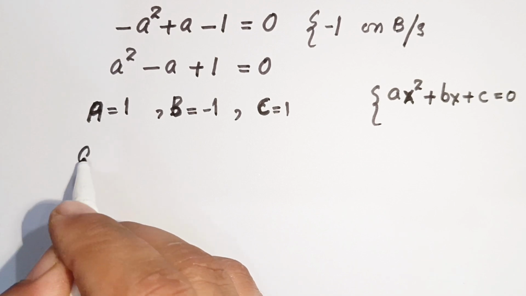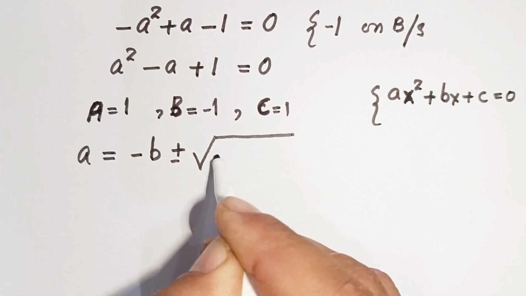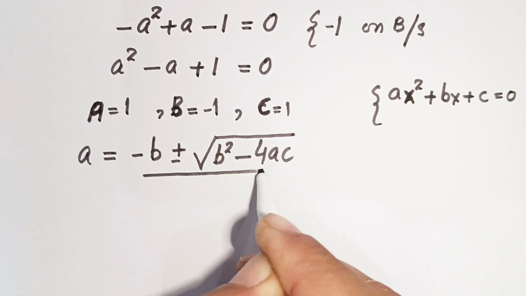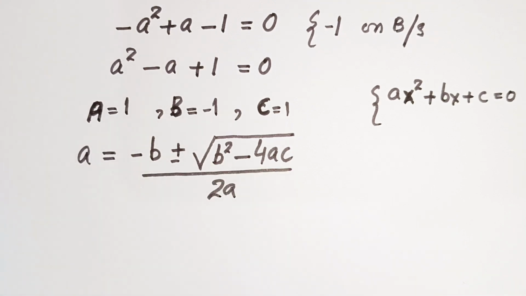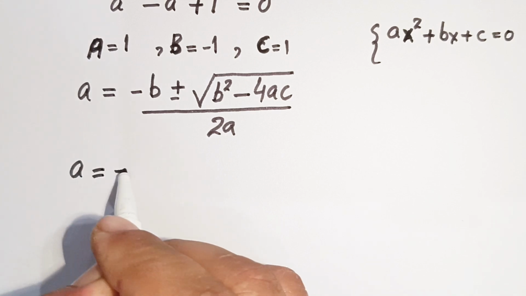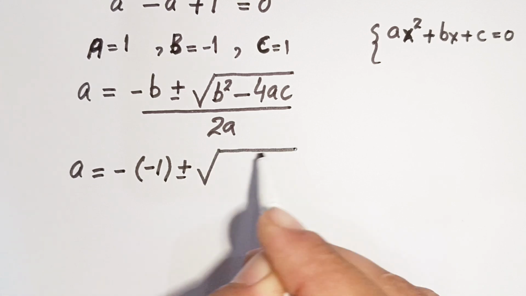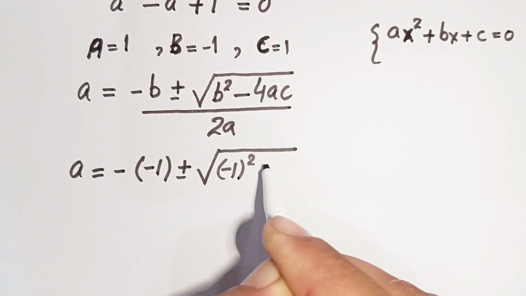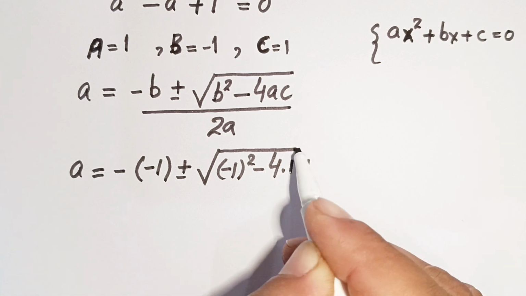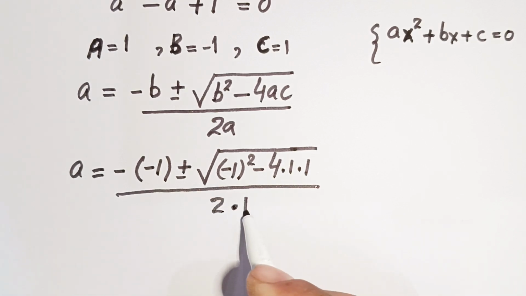So we have a is equal to minus b plus minus square root of b squared minus 4 times a times c, all over 2 times a. It is our quadratic formula. So a is equal to minus the value of b, which is minus 1, plus minus square root of b squared, which is minus 1 whole squared, minus 4 times a, which is 1, and c is 1, all over 2 times a, which is 1.